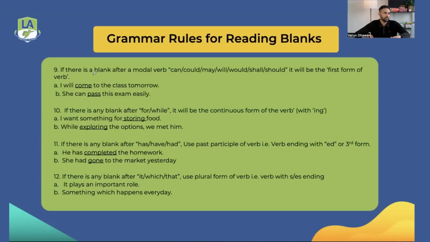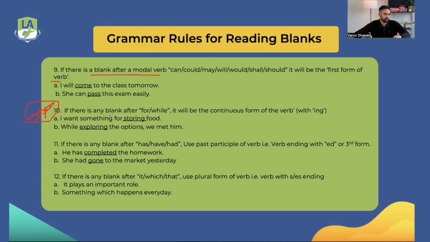Number 9: if there's a blank after a modal verb, words like can, could, may, might, shall, should, it will again be the first form of the verb. I will come to the class. She can pass the exam. You could play this music. This is an extremely important one; you'll see this a number of times in the passages in the test.